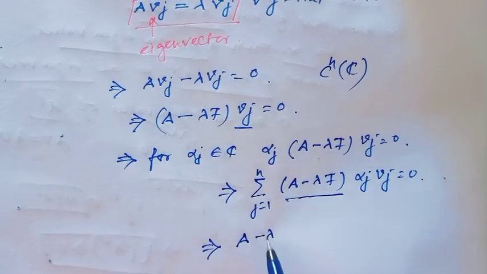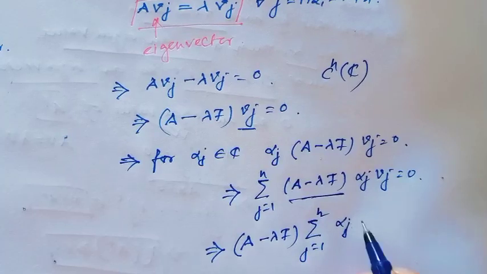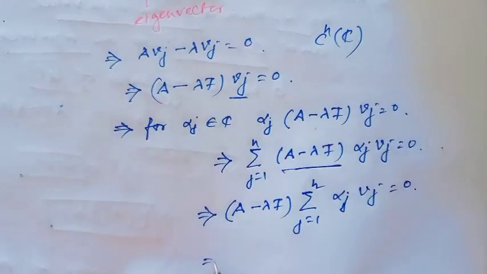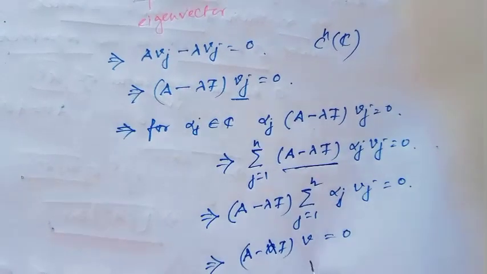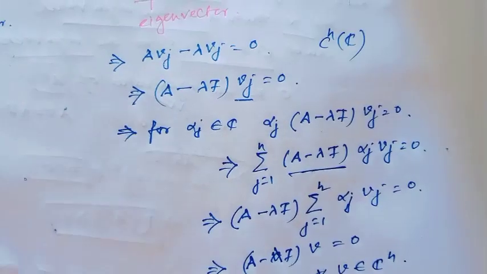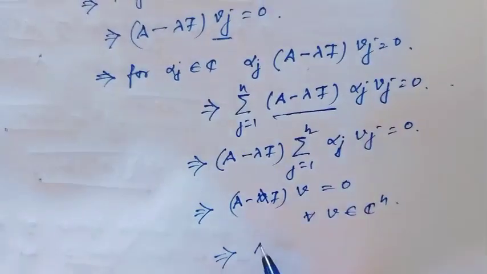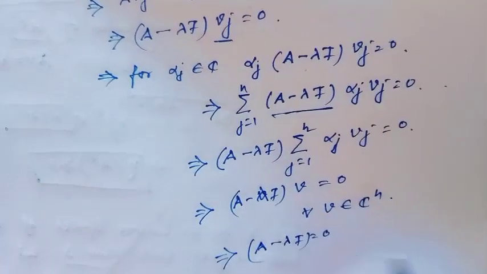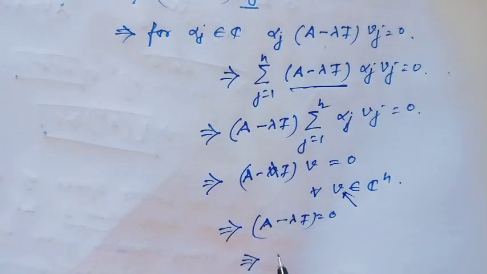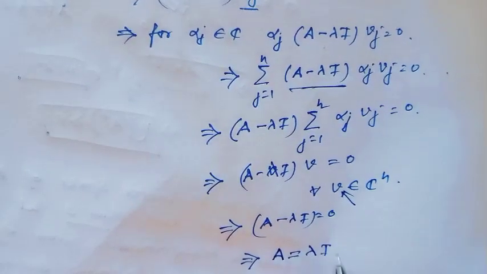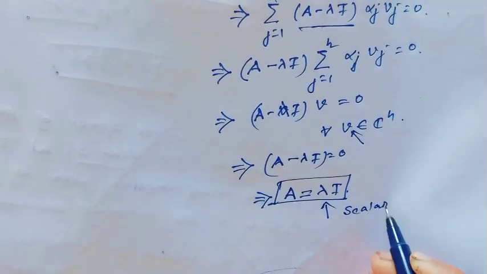So just omit this part from the summation. Then this would be (A minus lambda I) times the summation, j equals 1 to n, of alpha j Vj equals 0, and this means (A minus lambda I) times v equals 0, where v belongs to all vectors in C^n. So obviously A minus lambda I equals 0, since v is a non-zero eigenvector, and that implies A equals lambda I. That means A equals lambda I, and this matrix is actually the scalar matrix.